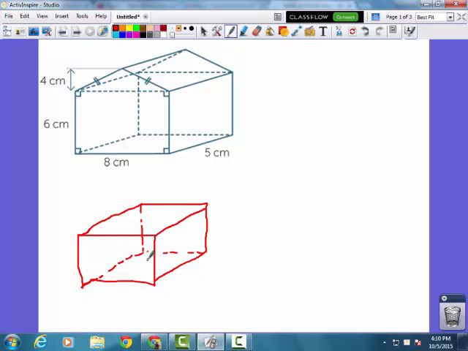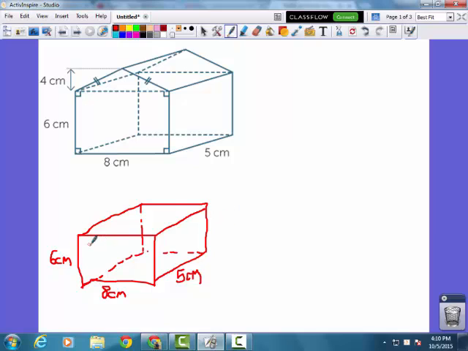We're going to analyze the surface area of this piece first, and then we'll do the same thing with the triangular prism, and then we can add those two together after. Once you've got the total, you subtract away the overlap. This side here is 5 centimeters, this side is 8 centimeters, and the height is 6 centimeters.